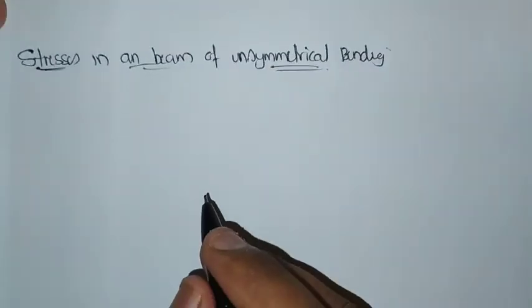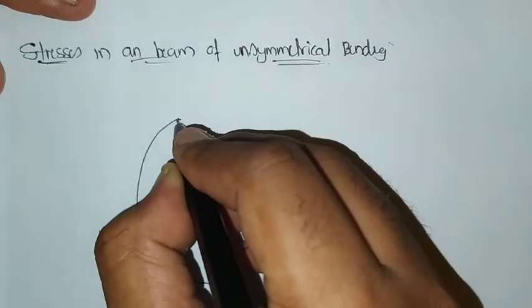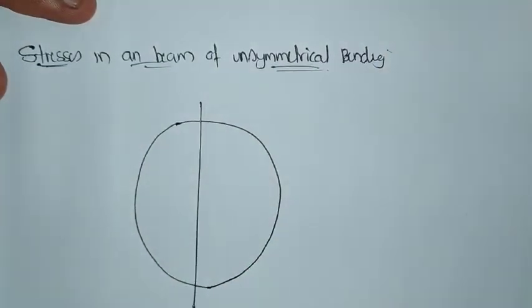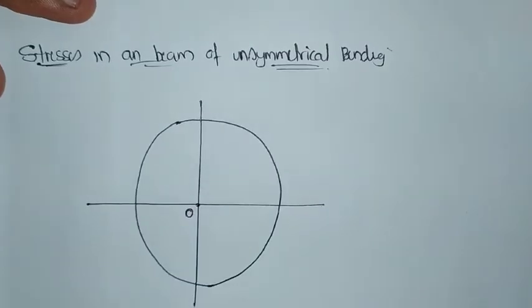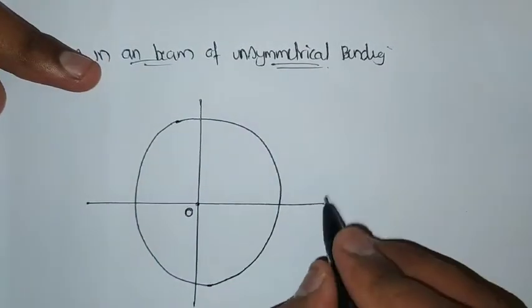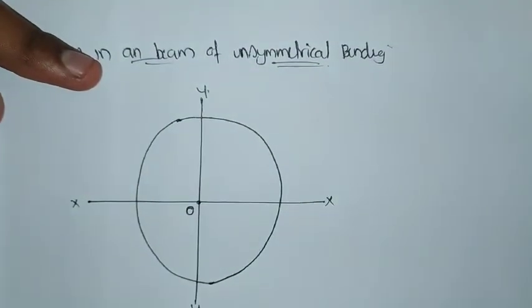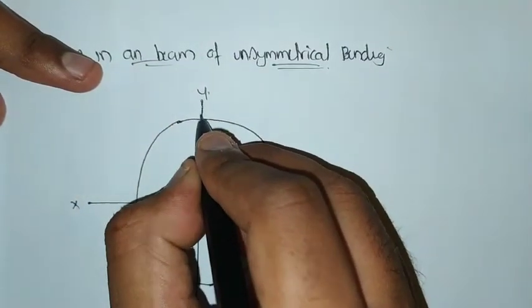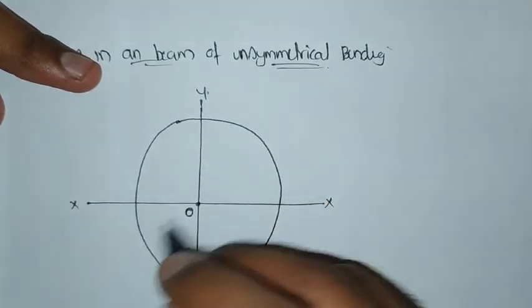This is a circular beam, and this is the centroidal axis, make it O, and name this centroidal axis XX and this YY. Consider the load acting in an inclined position, like this.